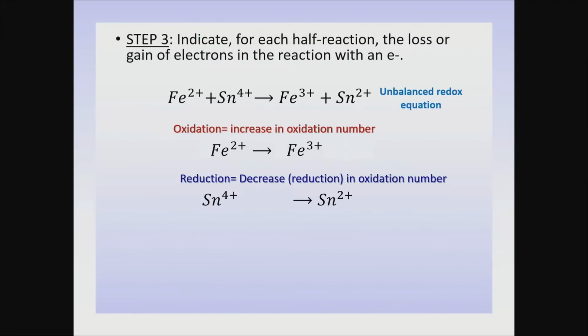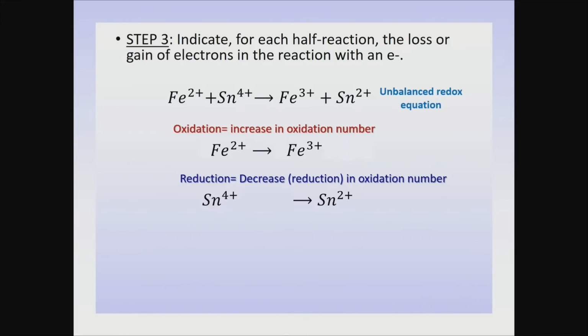Indicate for each half reaction the loss or gain of electrons in the reaction with an e-. Let's look at the first half reaction, which is Fe2+ going to Fe3+. Let's figure out what it's doing. Is it losing or gaining an electron? Well, I'm hoping you'll notice that this is the oxidation reaction. You might remember LEO goes GER.